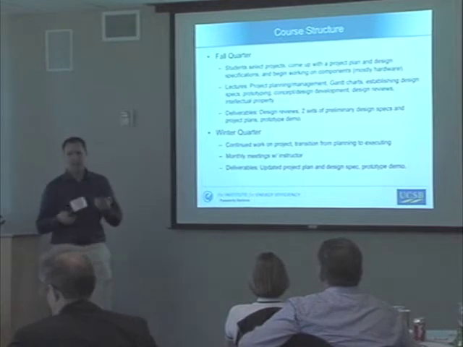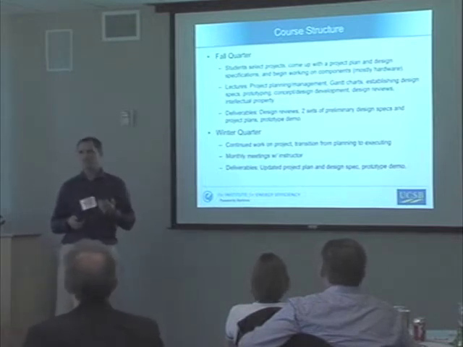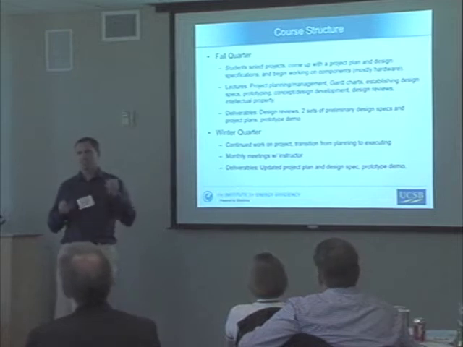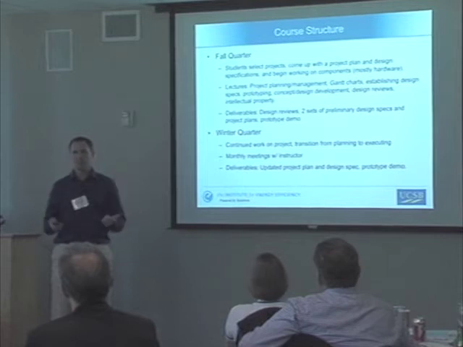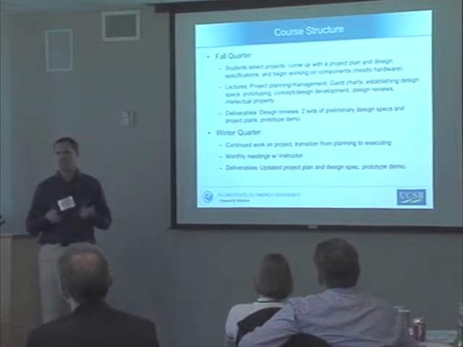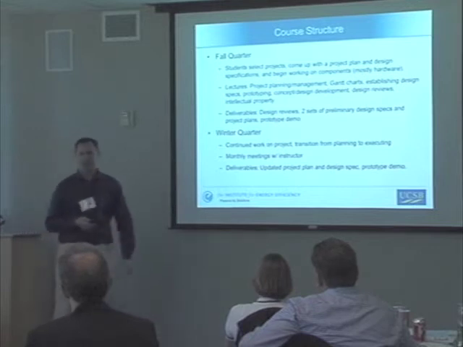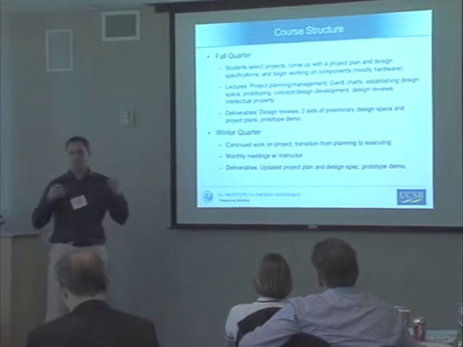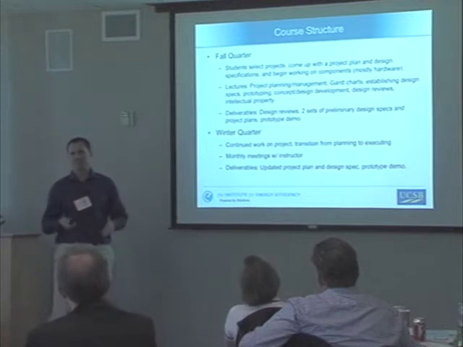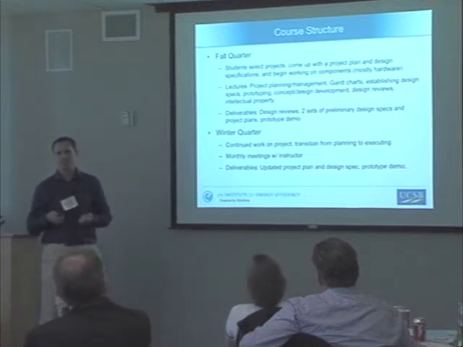After that, the bulk of the fall quarter is spent on researching the technology, coming up with a set of design specs and a project plan for completing the project. Towards the end of the fall quarter, the students begin to transition into actually executing on the project.